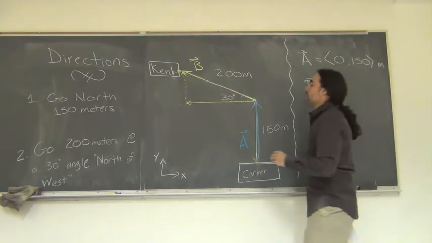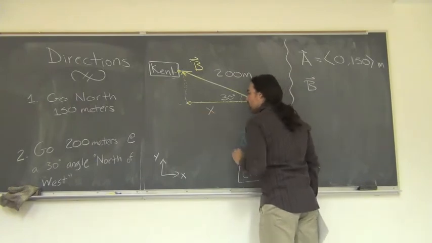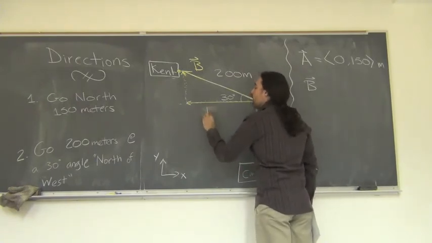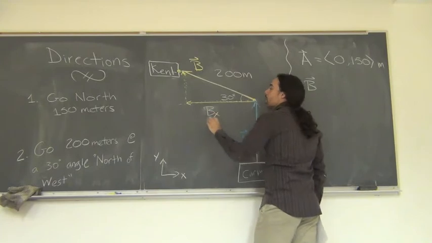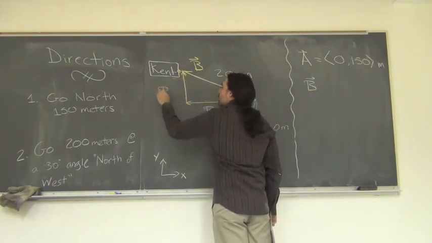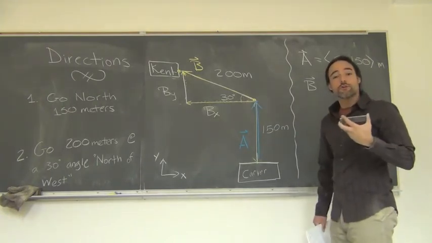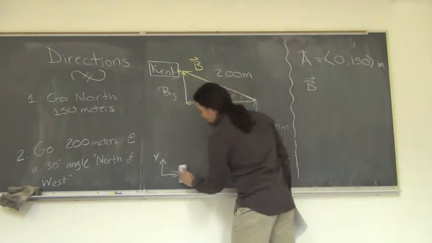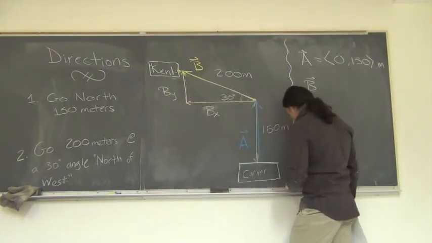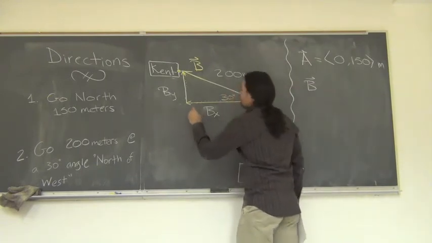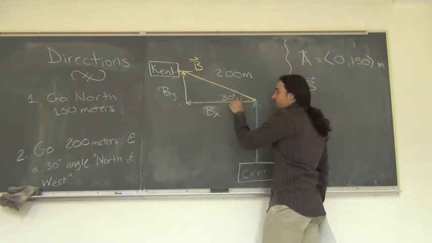Recall that the x component of that vector B, actually, let me call it Bx. Let me call this y component By. Remember, we can figure those out from trigonometry, from SOHCAHTOA. Let's see, this is the adjacent side to the angle.